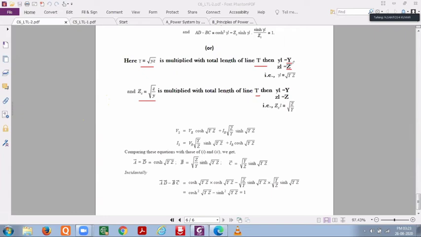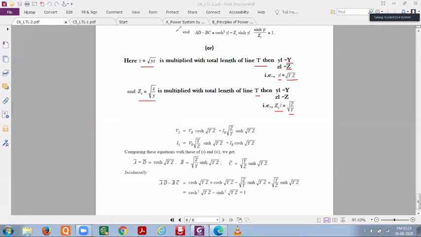So I'll get total admittance and total impedance. So finally I can write the product gamma L is equal to under root capital Y capital Z. Similarly, ZC into L will be under root Z by Y.